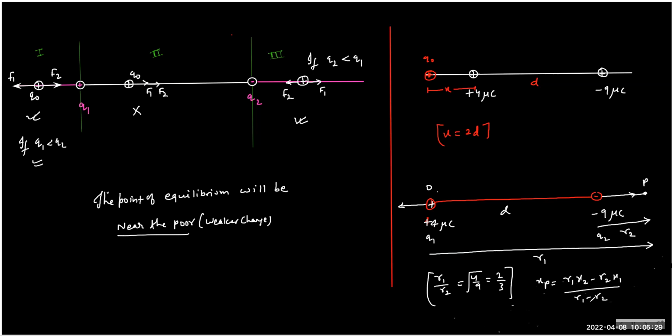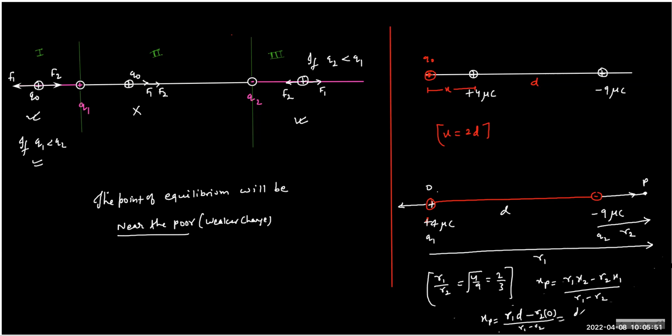We are writing the position, right? I just wrote the charge incidentally. So R1 is how much? Leave it R1. What is x2? D. Minus R2. What is x1? 0, upon 1 minus 2. That's it.